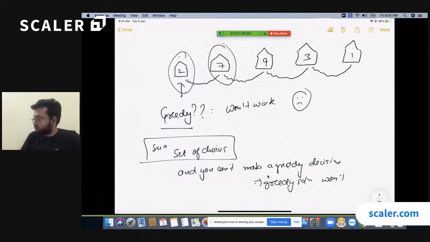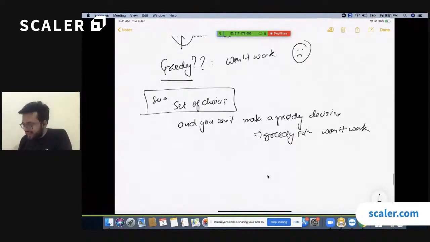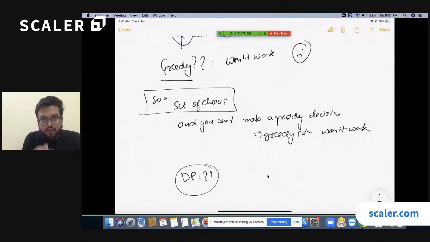Now if greedy solutions won't work, let's see if a dynamic programming solution can work. What does a dynamic programming solution do? It essentially allows you to explore all the possible choices that you had.